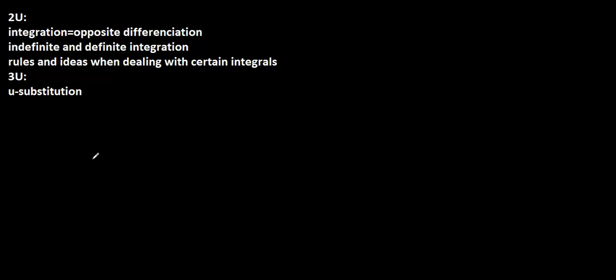So when we're working in 2-unit math, we identify that integration is basically the opposite of differentiation. When we use differentiation, we're trying to find the slope of a curve. When we do integration, we're trying to solve for the area underneath a certain curve.